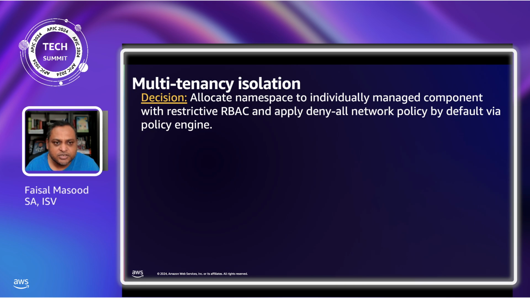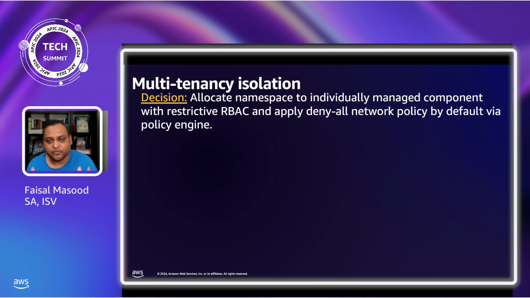So the decision may cover multiple statements. First, we're going to create namespaces to individually manage components. We are not saying teams here, for example, or environments like dev, test, QA. We are saying every component will have its own namespace with restrictive RBAC, and we'll apply deny-all network policies via a policy engine.